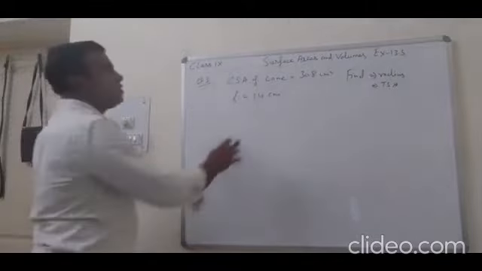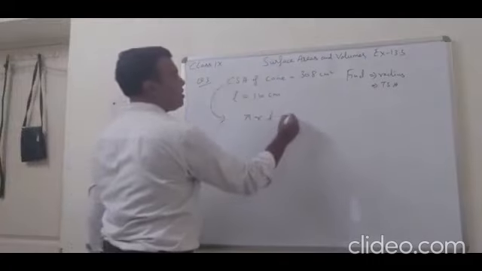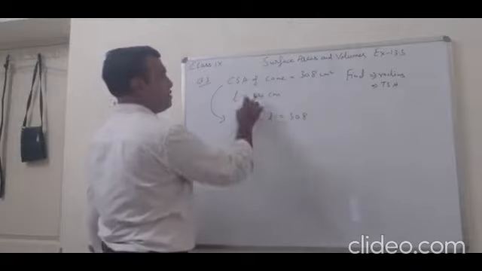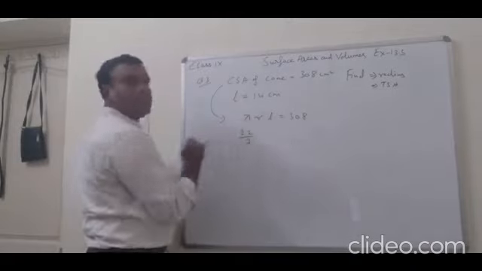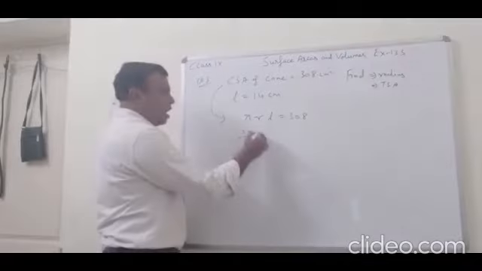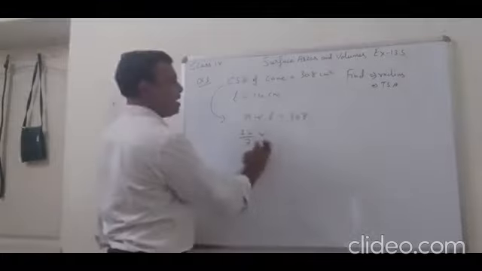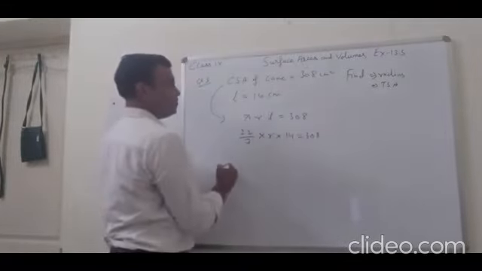Now, CSA of cone is given to you. What is CSA? πrL is equal to 308, and what is the length? It is 14. Now, putting the values, π is 22/7, r is r, L is 14, equals 308.